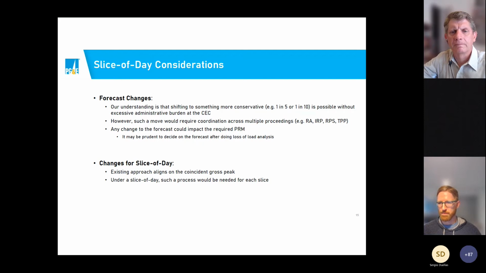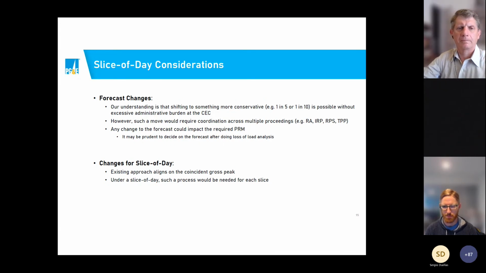If you spread it to every month or every slice equally, you need a ton more PRM during the critical slice of day, as opposed to if you allow the outages to happen where you have capacity shortage, and that's how they ended up with a much lower PRM for the critical month.